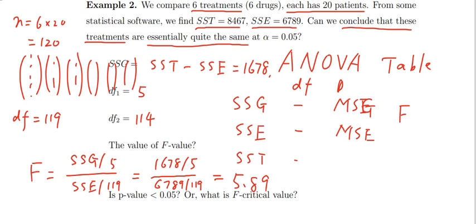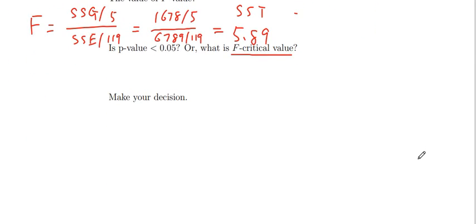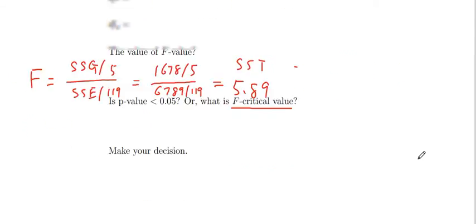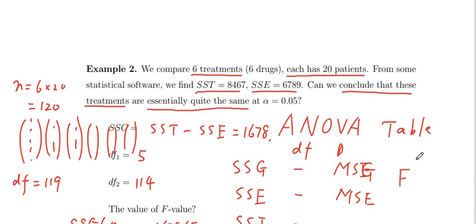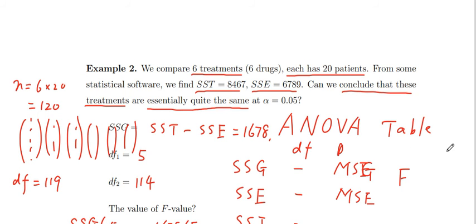Then we determine whether this is a big number or a small number, so we compare it with the critical value. We check the F table, which has 2 degrees of freedom, 5 and 1... I'm sorry, I made a mistake.